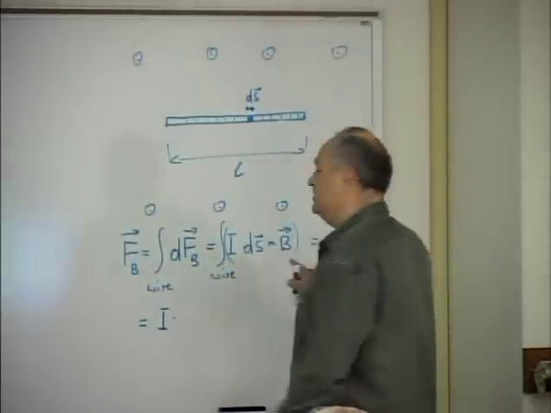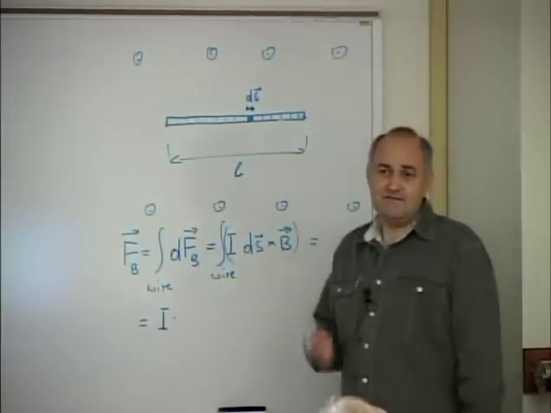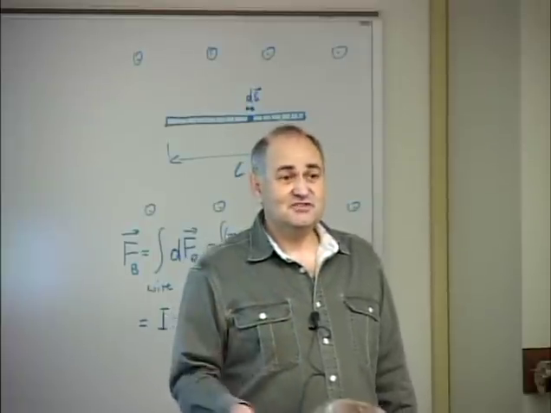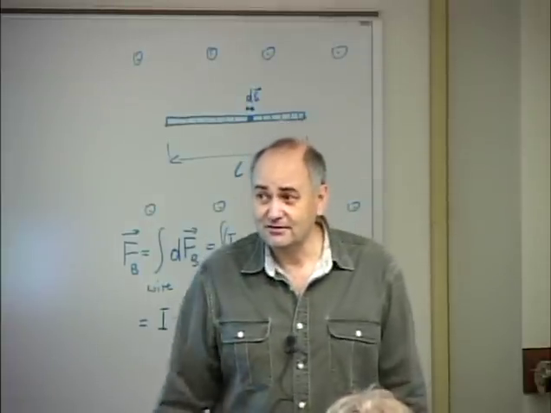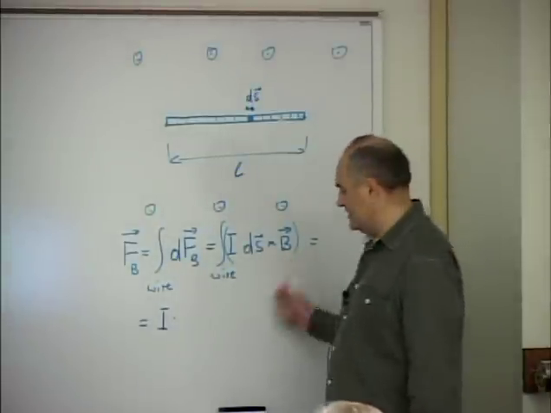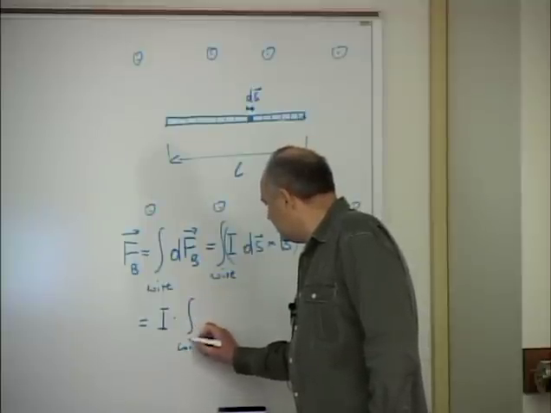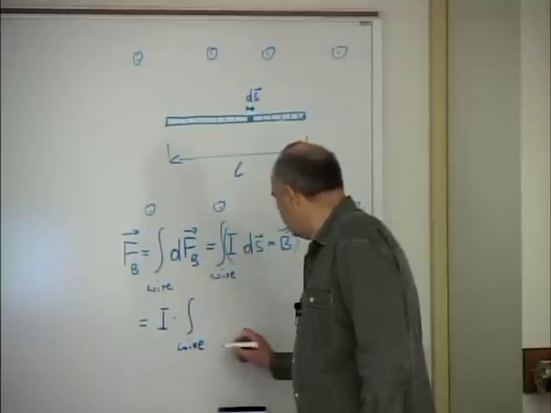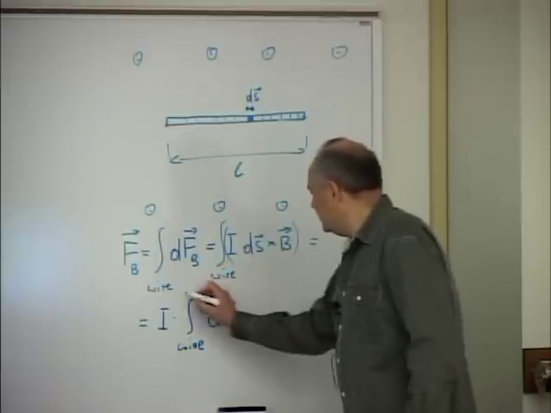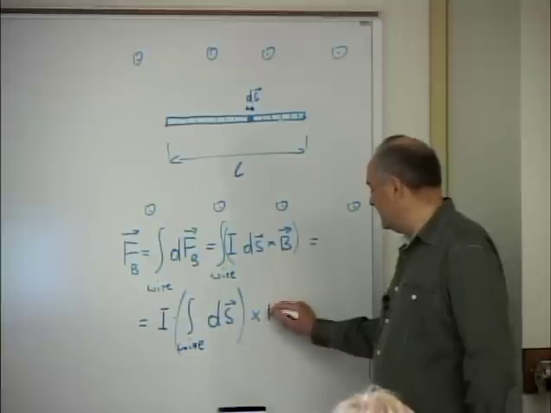So I can pull it out of the integral as well. However, remember that vector product is not commutative, so I cannot pull it out in front because it's on the other side. So I can write this as the integral along the wire of those vectors ds and pull out this factor on the other side.